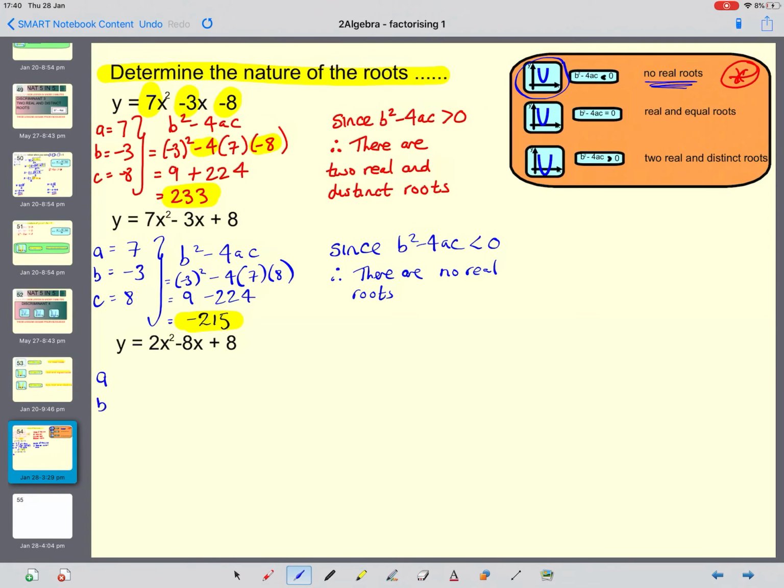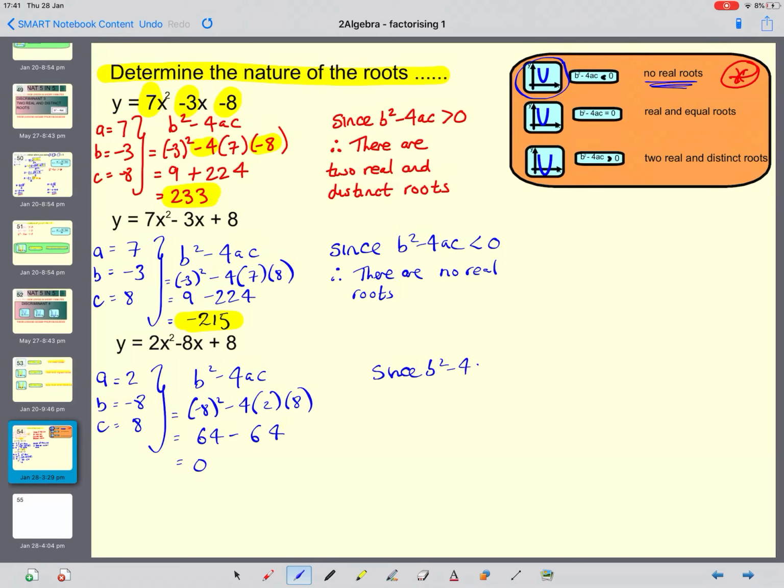Next one, your A, your B, and your C. A is 2, B is negative 8, C is 8. Sub all of this into b squared minus 4ac. So it's negative 8 squared, take away 4, multiplied by 2, multiplied by 8. So it's going to be 64, take away 64, which gives me 0. So what can I state?